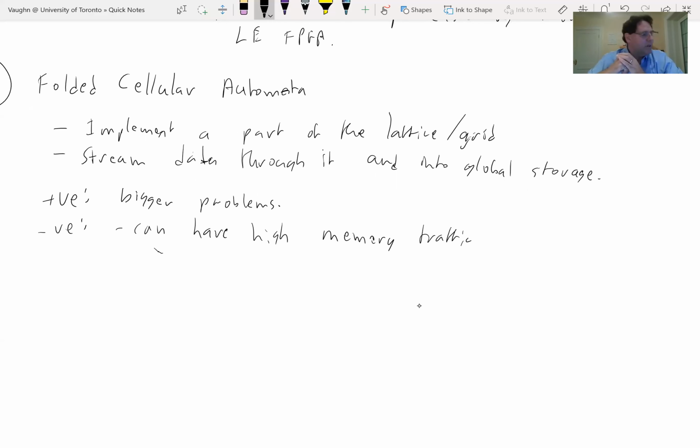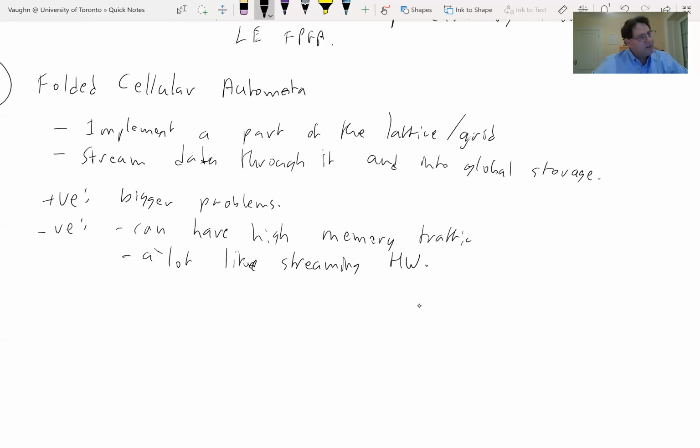And then you would stream in the fields from another part of the grid, get a whole bunch of magnetic fields for that part, write them out to memory. So there's actually a lot of memory traffic. So we've lost some of our nice distributed memory. And instead we have a lot of traffic coming in from off-chip memory probably, because this is usually pretty big. This becomes a lot like streaming hardware. So it's still a useful way to think about it.